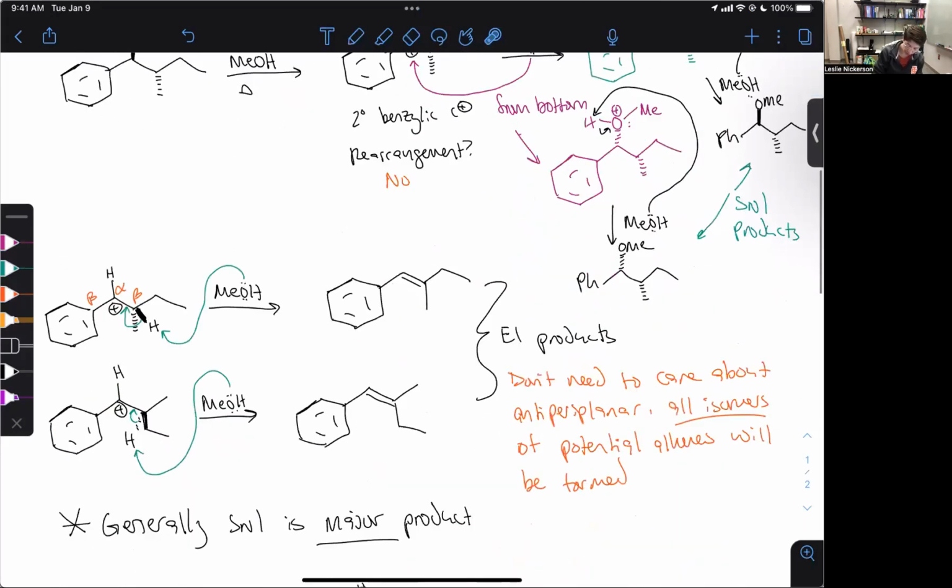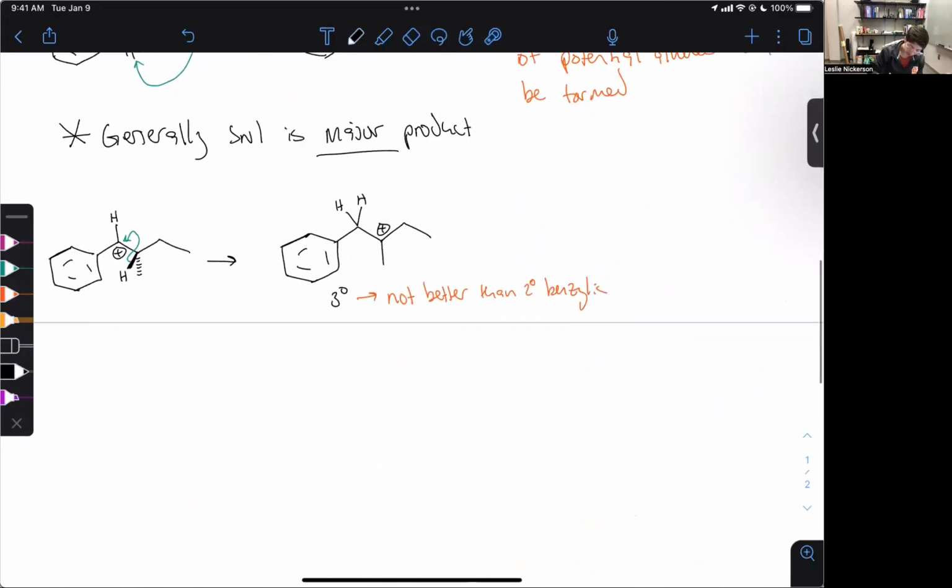So let's do one last example. Okay, and we're going to react this with water and some heat. So first step is always leaving group leaves.